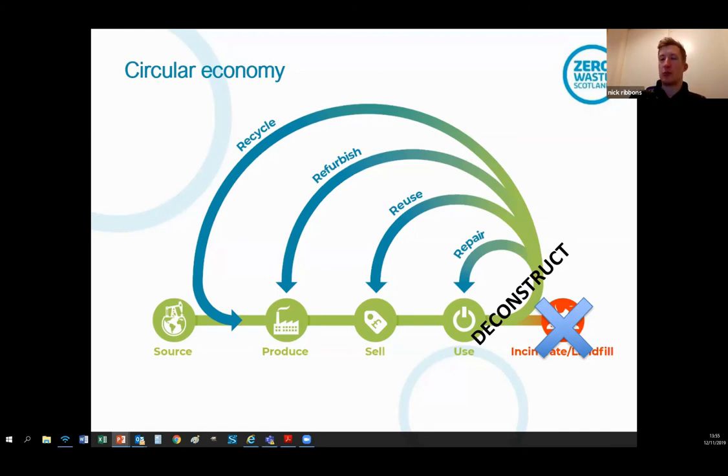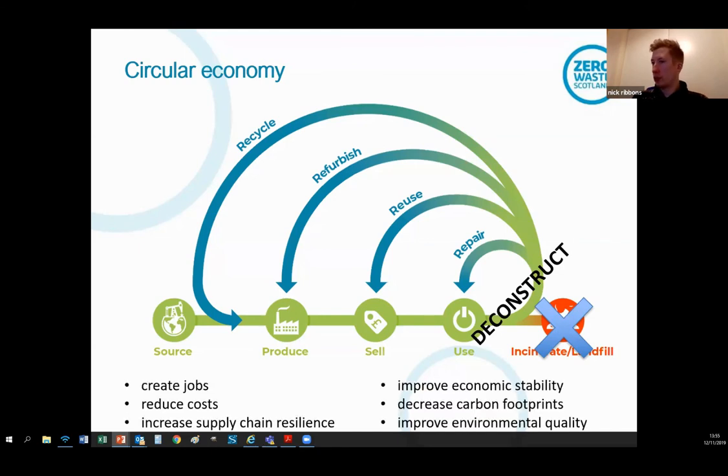And I guess other companies would walk in and propose that you have to buy new kit, and this is sometimes not the best way forward. So these concentric rings, as you head outwards, indicate a little bit more loss of value. So we want to keep materials in as high a circulation, as high a value state as possible for as long as possible. And these are a number of the benefits that go with it.